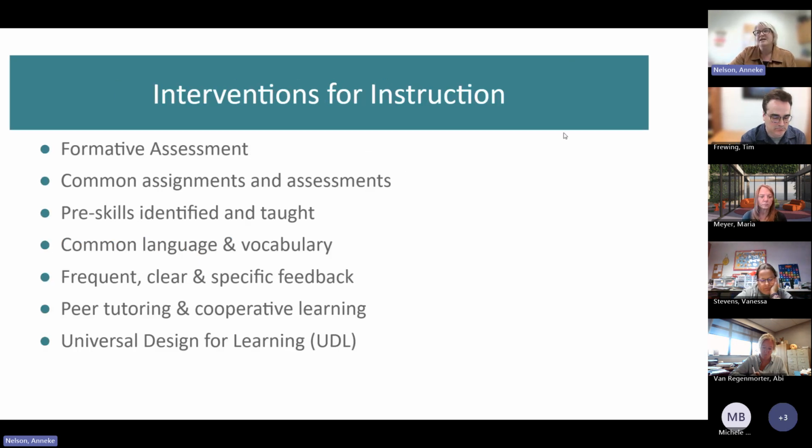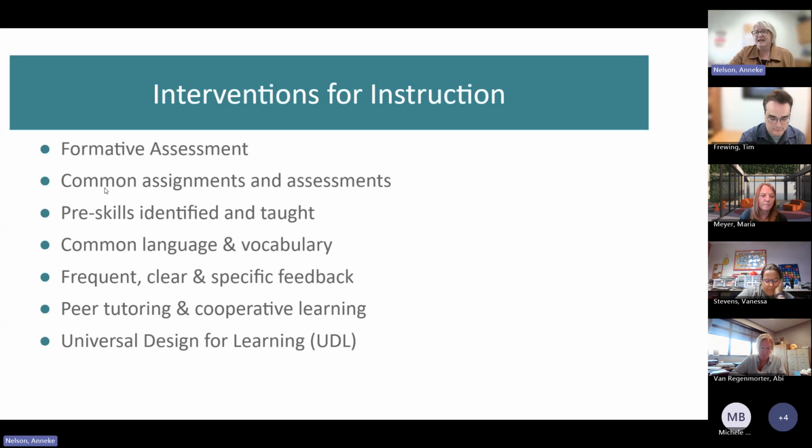For instruction, some interventions could be focusing on some formative assessments prior to giving instruction, so that we know what students know going in, and then we can fill in the gaps, maybe based on what that formative assessment is telling us.